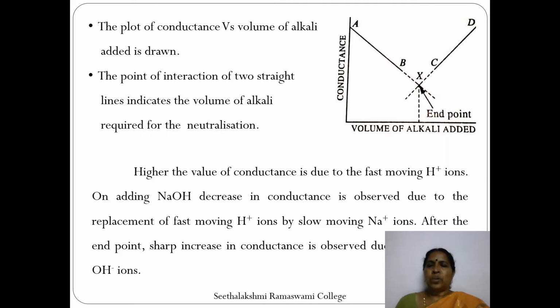On adding sodium hydroxide, conductance decreases along the curve AB. Once the endpoint is reached at X, all hydrochloric acid has been neutralized by sodium hydroxide. After that, an increase in conductance is observed.